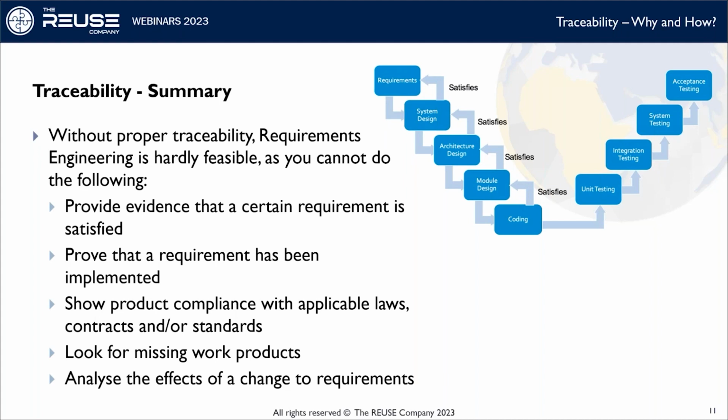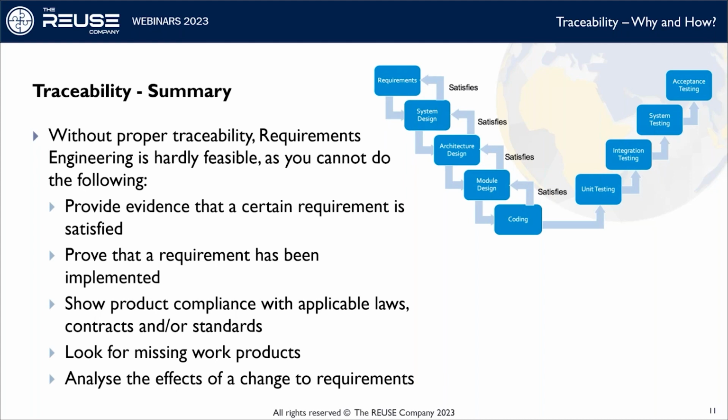And if you don't manage that, it's also quite impossible to look for missing work products, because at the end of the day, if you don't see this layered information, this web of information which is vertically connected, it's hard to say, am I complete? Is this consistent? So traceability is of great importance when it comes to this kind of information quality.